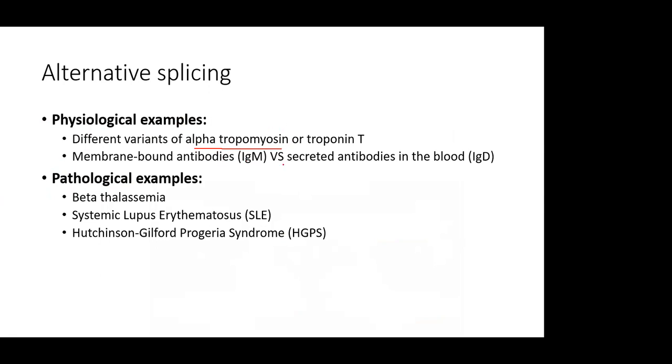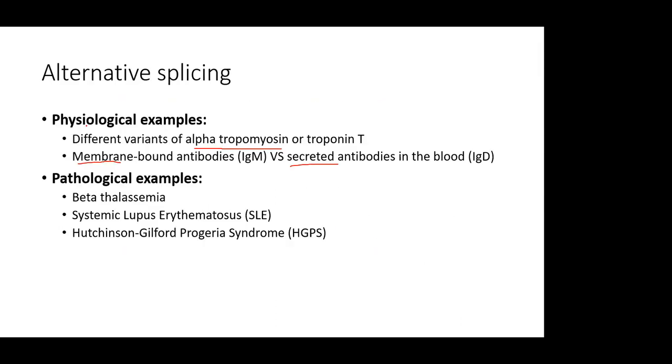Also some antibodies: some of them are attached to the membrane of the cell, and some of them are secreted in the blood. Pathological examples include beta thalassemia, systemic lupus erythematosus, or SLE for short, and Hutchinson-Gilford progeria syndrome. Progeria means early aging, so basically the patient is aging early while he's a child. Don't worry, we're going to talk about all of them.